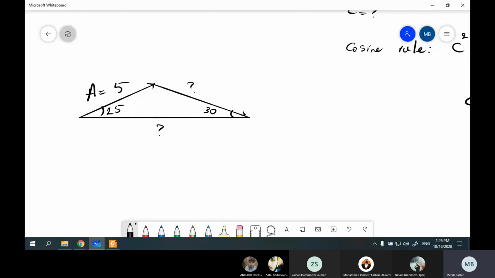A is 5, B is unknown, and C is unknown. How much is this?